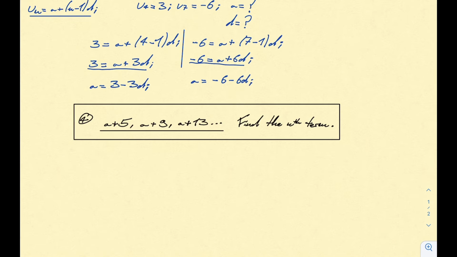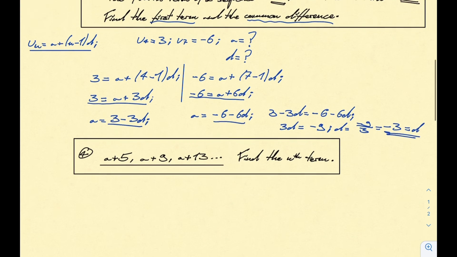Now, since both of these values equal a, it means that 3 minus 3d will equal minus 6 minus 6d. Again, we rearrange this, and we get that 3d equals minus 9, and so d equals minus 9 over 3, and so this is equal to minus 3, which again is equal to d.